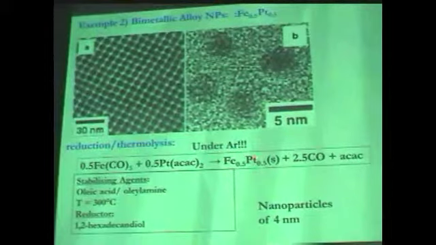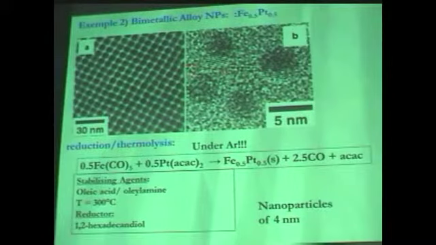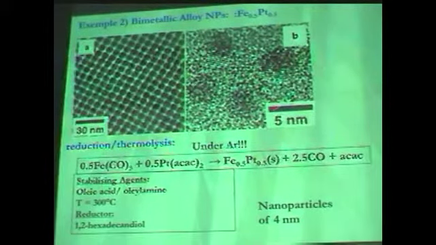We use the oleic acid and oleylamine mixture as in the previous case. The temperature is 300 degrees Celsius, and given that the platinum here is not in zero oxidation state, we use a reductor, a diol. And we obtain nanoparticles of 4 nanometers, as we can see here from this STEM image and this HRTEM image on the right.